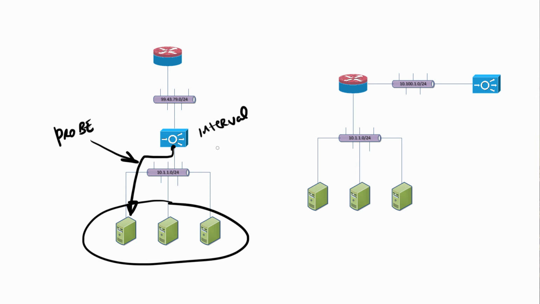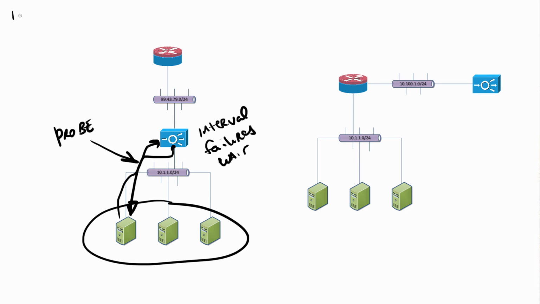I want to know how many failures in a row will mark it as down. Also, how long should it wait for a response to come back? Once I send the request, how long should I wait for the response? There's a lot of different things you configure as part of that probe initially, and also you're going to tell it what kind of probe it is.